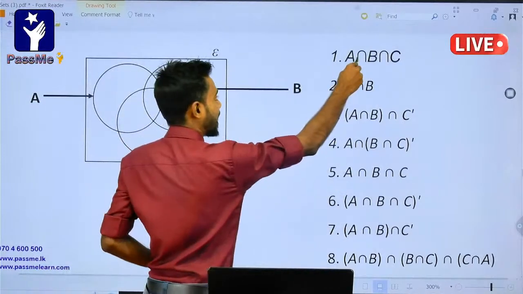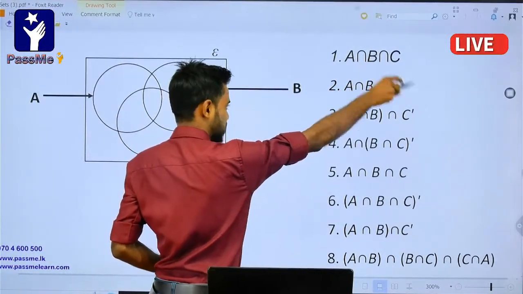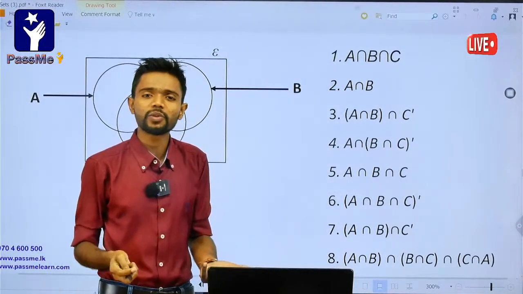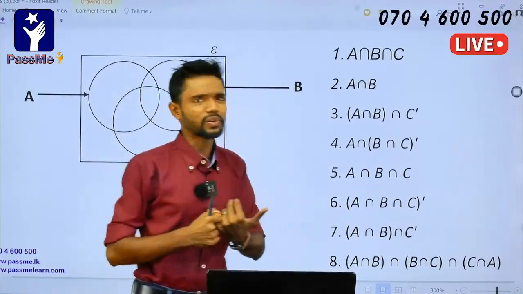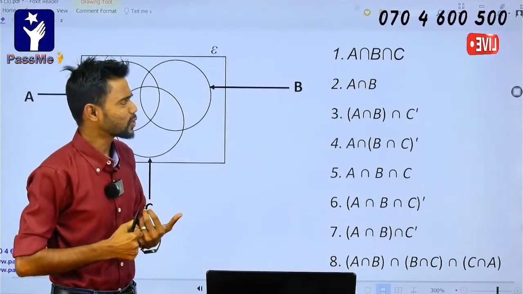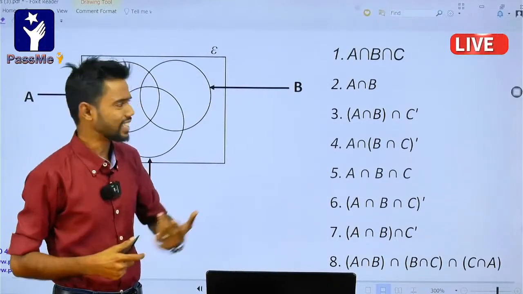Okay, proceed with this method for question number 1. A intersect B intersect C. What do you mean by intersect? Again, the common part. So in the very first one, you don't need to use the previous method. It is very simple.